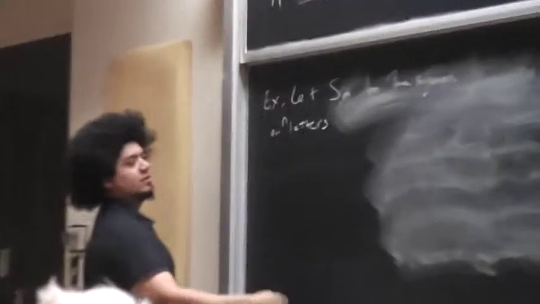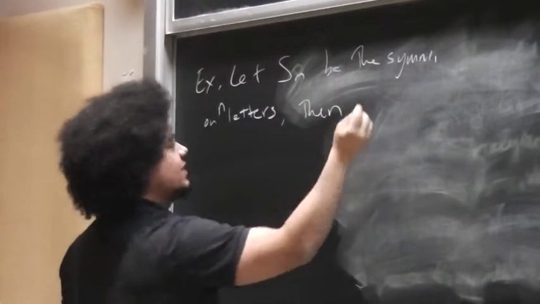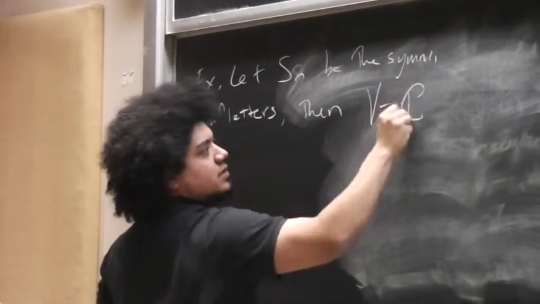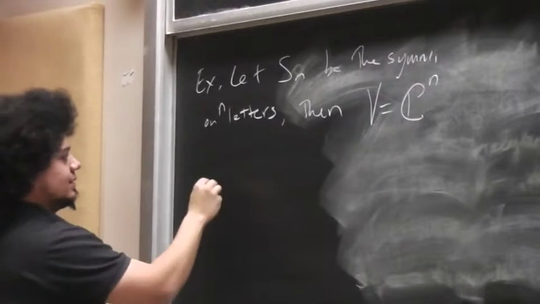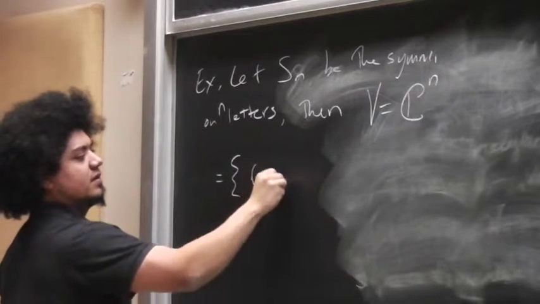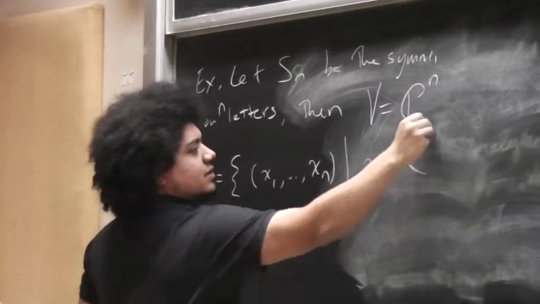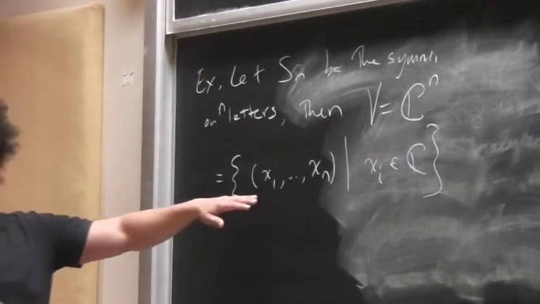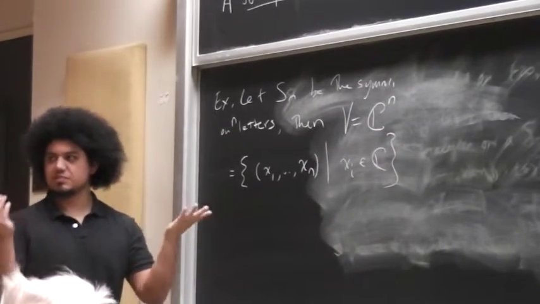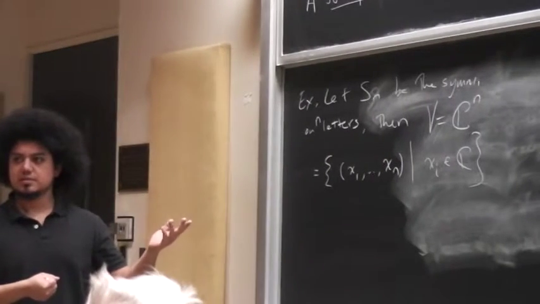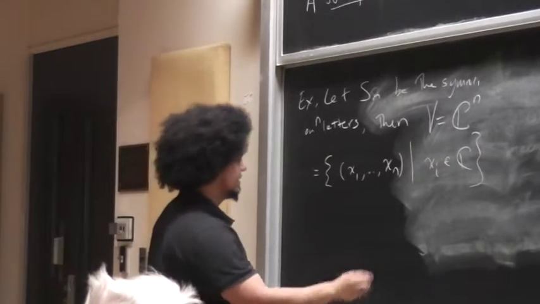Then we can take V to equal C^n, since our field is C. And so this will be the set of all n-tuples of complex numbers, and the symmetric group will act on these n-tuples simply by permuting the indices. This is a representation. It's just an action that cooperates with the linear structure of the vector space. So this is an example.